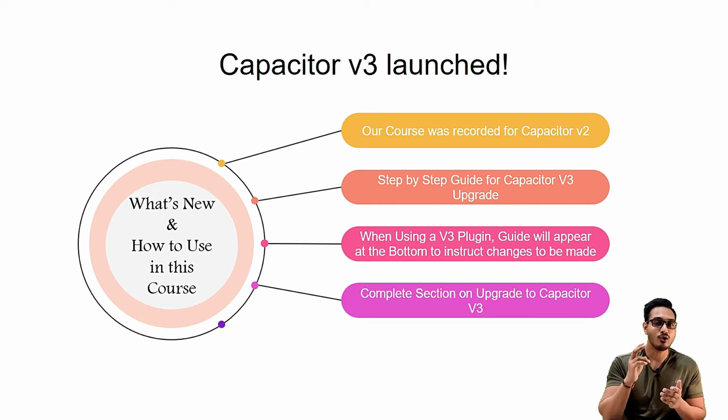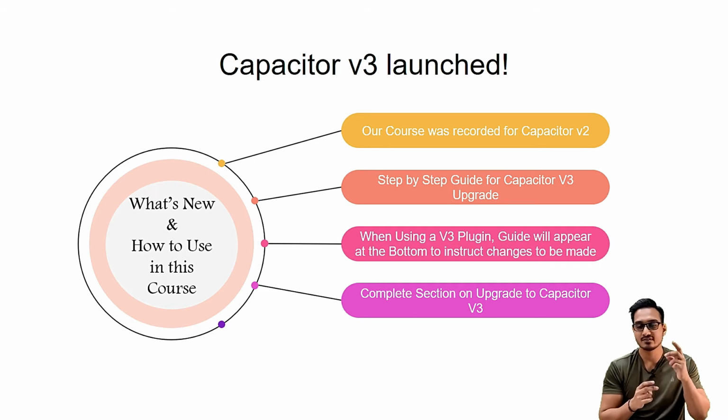In fact, I'll show two methods. The first method, as I've already told you, is migration from Capacitor version 2 to Capacitor version 3, and the next one I will show you how to install a new application and set it up for Capacitor version 3. So two applications we are going to use. You will get to know when you enter that particular section.